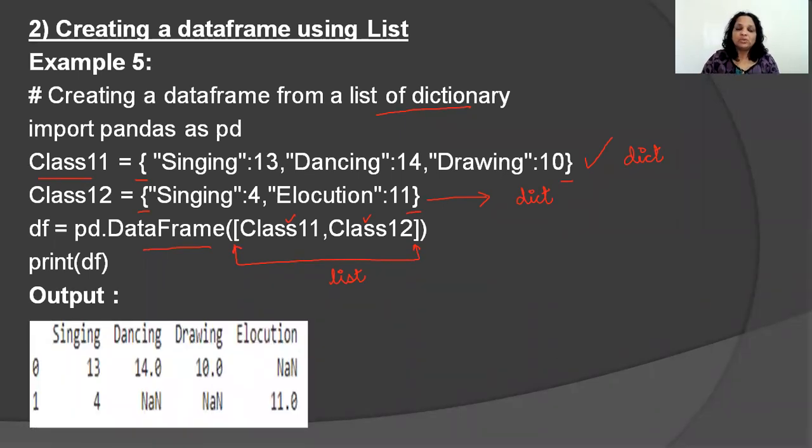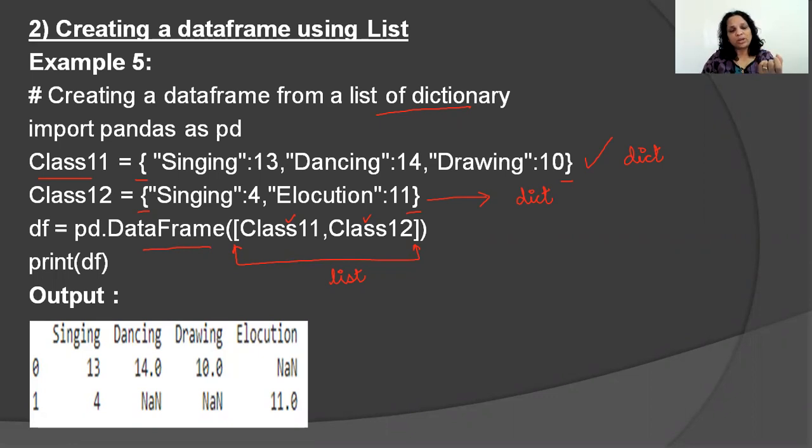Okay. Now, can you see on the first row under elocution, you see NaN? NaN is a missing value. Why do we see that? If you look at it carefully, does the class 11 dictionary consist of a key named elocution? No. So a value is missing for a heading called elocution, and that's the reason it's NaN.